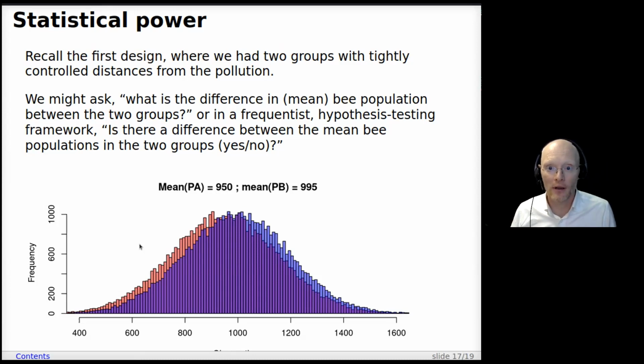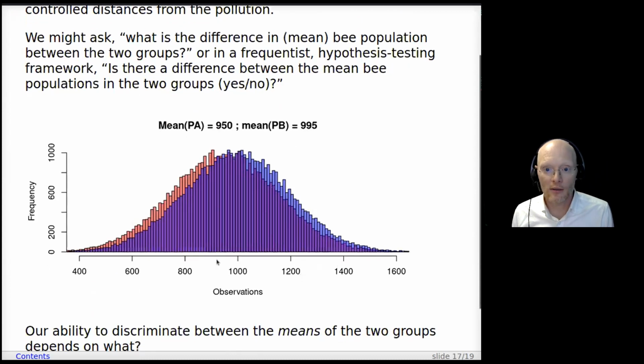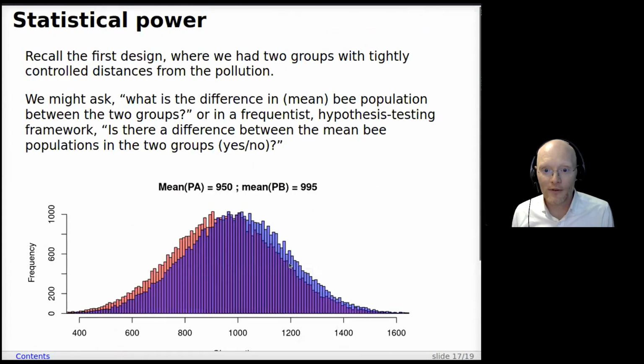So if we're looking for alpha, somebody may ask in advance, how small an effect are you going to be able to detect, or how precisely are you going to be able to tell me what the size of the effect is? And that comes back to this question that we looked at before, where we have two distributions. In the case of two groups, how small a difference between the means of these two groups are we going to be able to detect confidently?